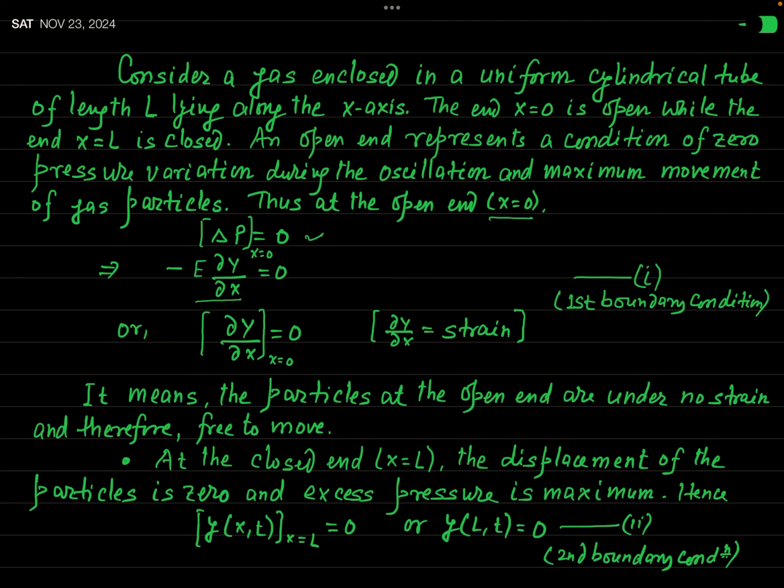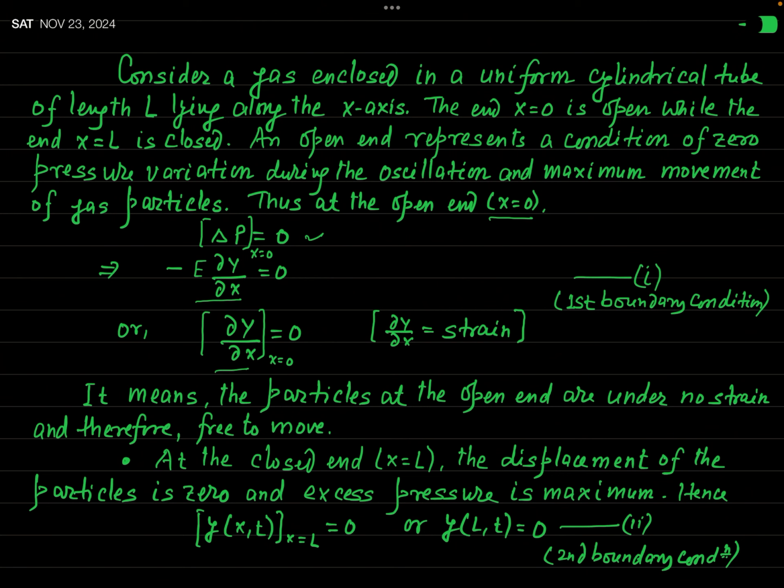So this will be 0. Since E is the bulk modulus of elasticity, which is not 0, definitely del y by del x will be 0 at x equal to 0. This is our first boundary condition, which will be used to find the constants A and B.